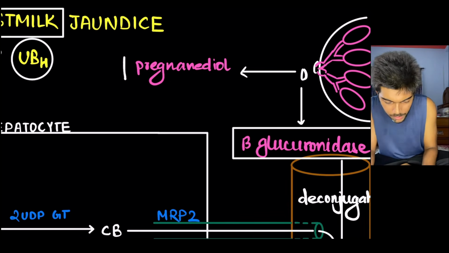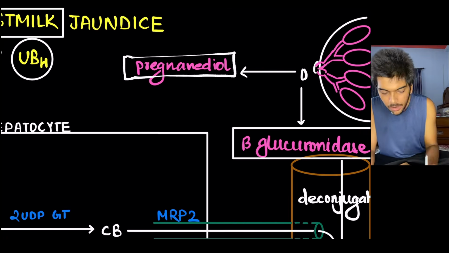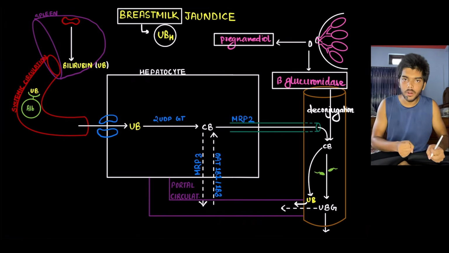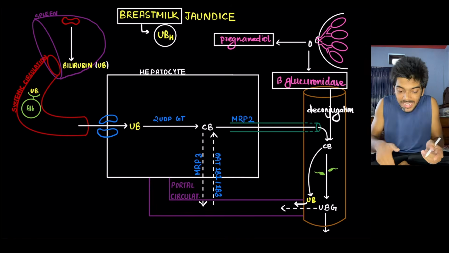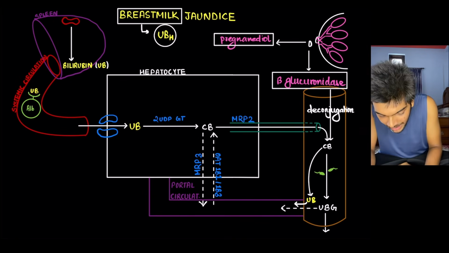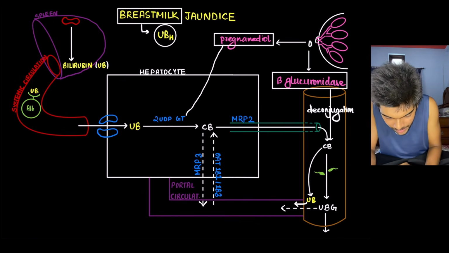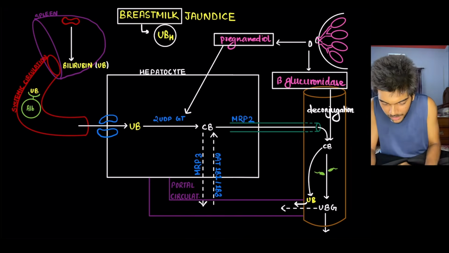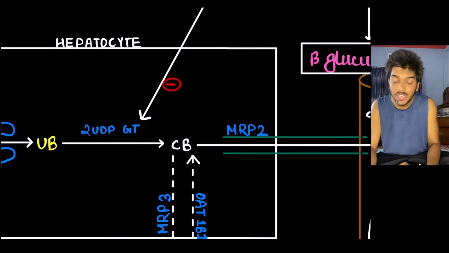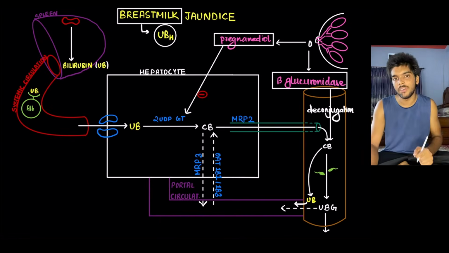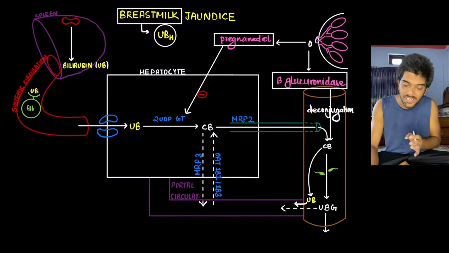What does it do? Pregnanediol gets absorbed from the gut into the systemic circulation. From the circulation, it reaches the liver. Inside the hepatocyte, it inhibits glucuronosyl transferase. If glucuronosyl transferase is inhibited, the process of conjugation is inhibited.